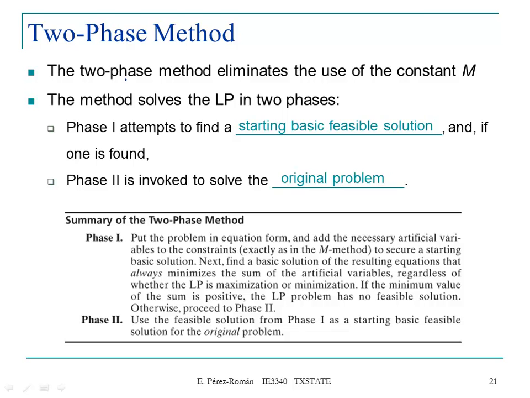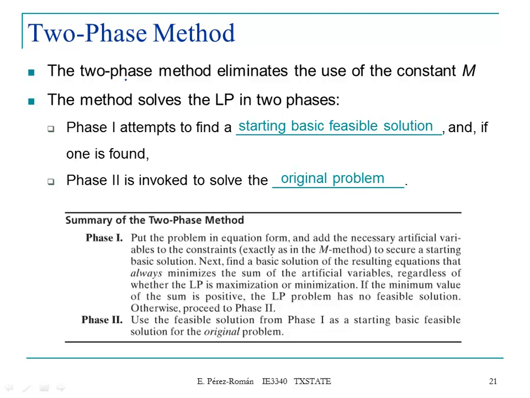Next, find a basic solution of the resulting equation that always minimizes the sum of the artificial variables, regardless of whether the LP is maximization or minimization. If the minimum value of the sum is positive, the LP problem has no feasible solution. Otherwise, proceed to phase 2.